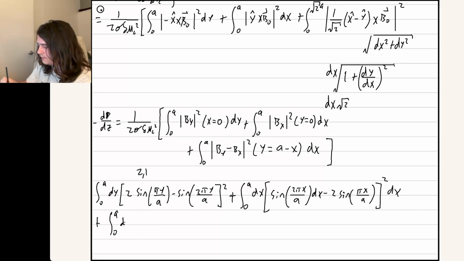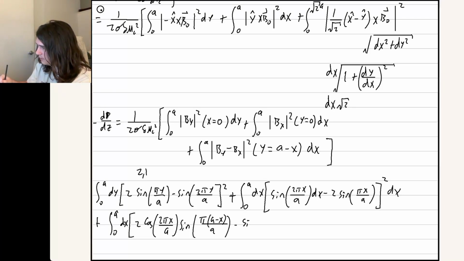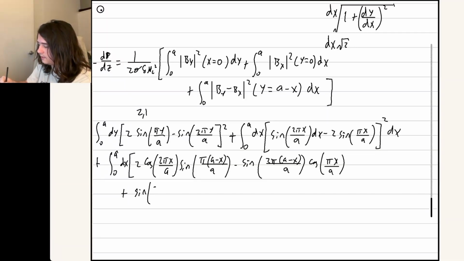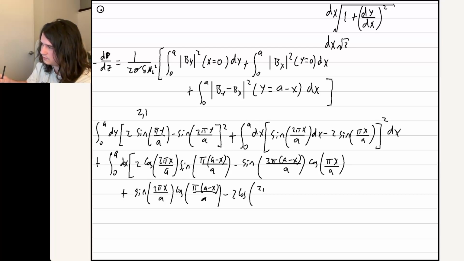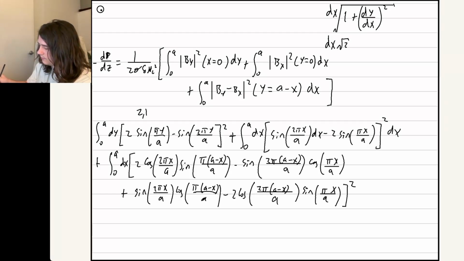The 2 is inside. dx. 2 cosine 2 pi x over a, sine pi times a minus x, remember, that's what we set y equal to, over a, minus sine 2 pi (a minus x) over a, cosine pi x over a, plus sine 2 pi x over a, cosine pi (a minus x) over a, minus 2 cosine 2 pi (a minus x) over a, sine pi x over a, and then you square the whole thing.